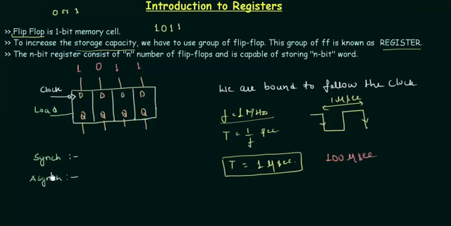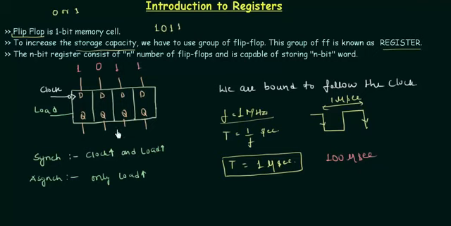For synchronous load, the flip-flop will be operational when the clock is high and also the load is high, but in case of asynchronous, only the load is high to change the value stored inside. So this is the independent control that is in our hand. When we make this load high, the data will change irrespective of the value of the clock.